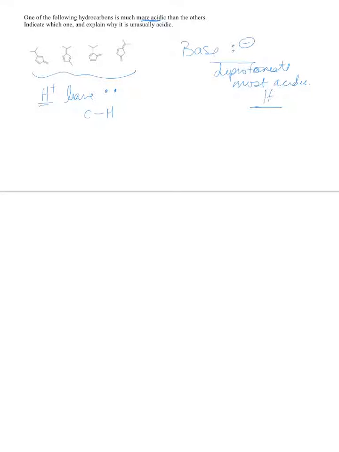And so when the base comes along and takes away the proton and leaves the carbon with those 2 electrons, and the base gets the hydrogen, then what you're left over doesn't make the system aromatic. If it actually makes the system aromatic, that's going to make that proton a very acidic proton.